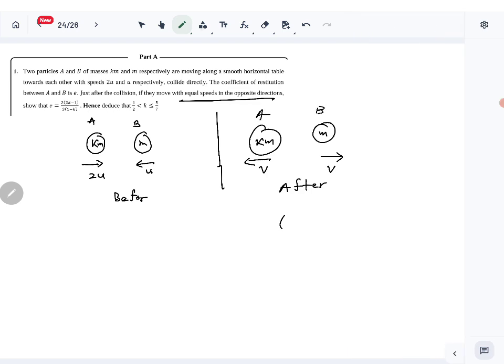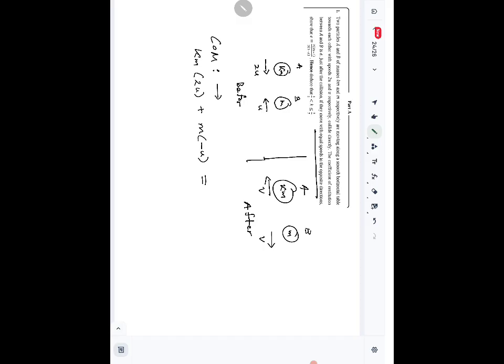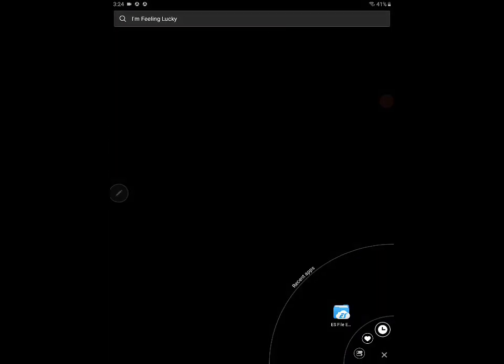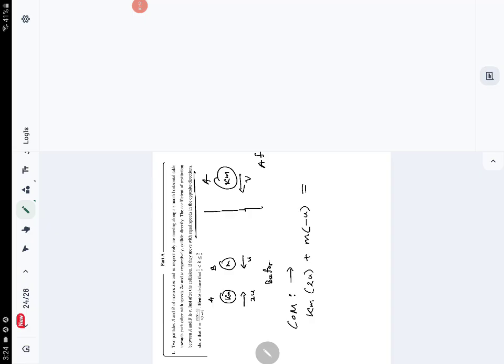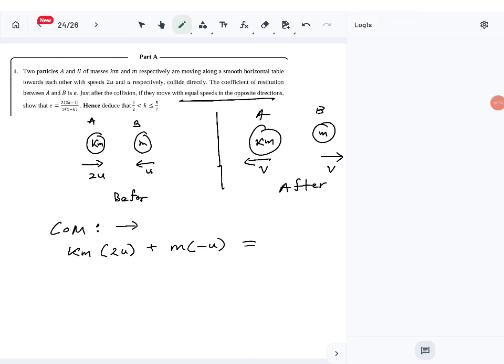Apply conservation of momentum in this direction to the right. So you get Km times 2u plus m times minus u, because that's going in the opposite direction. Equals Km times minus v plus m times v, right?